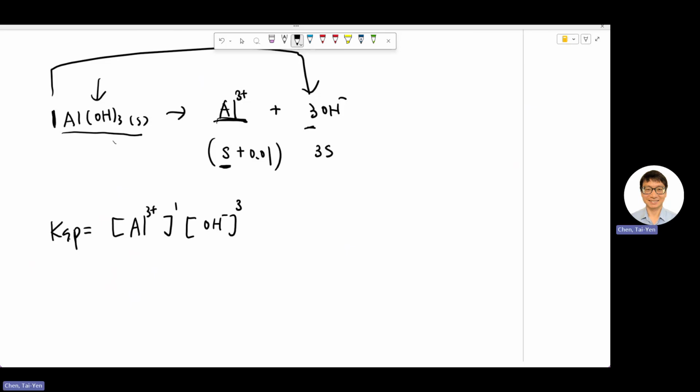That's the definition of the equilibrium constant. Then the concentration of your Al3+ will be S plus 0.01. The concentration of your OH- will be 3 times your solubility, to the cube.